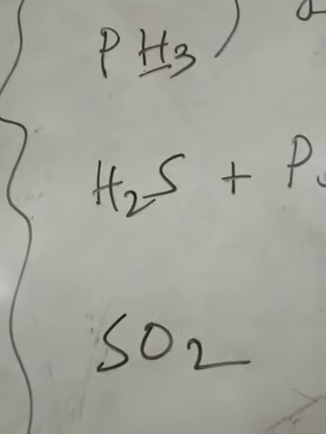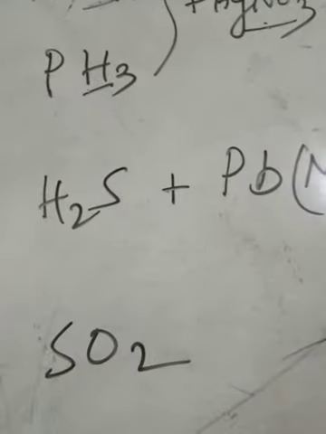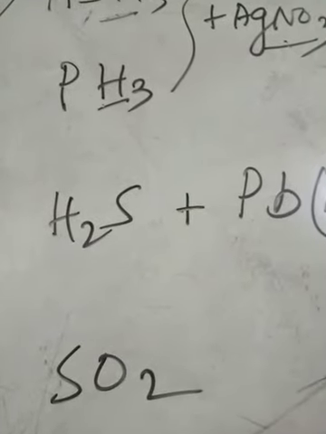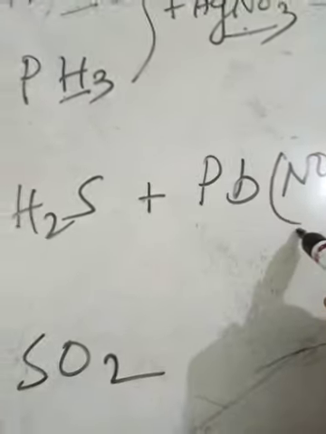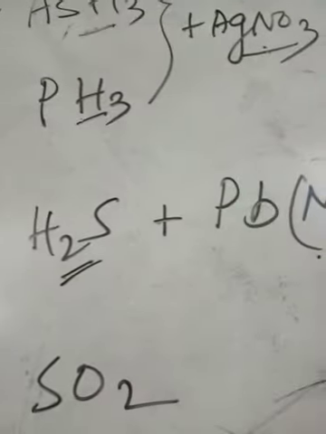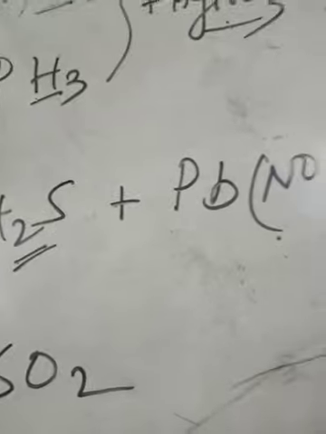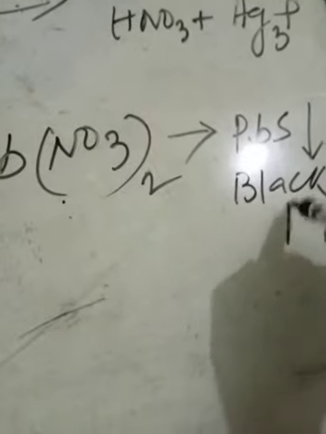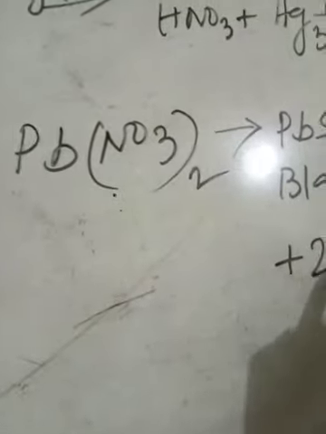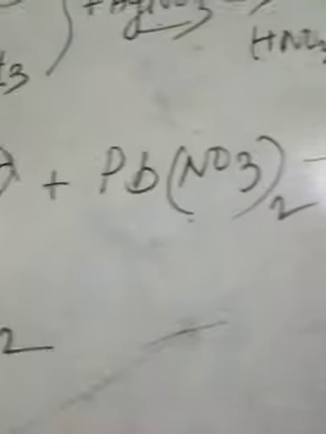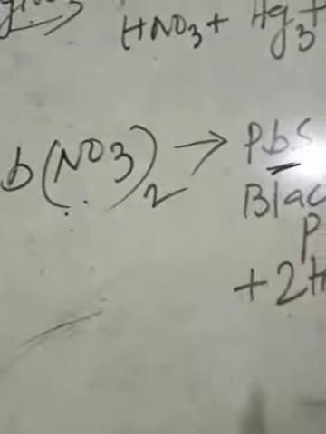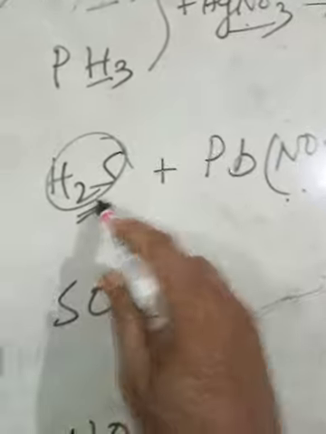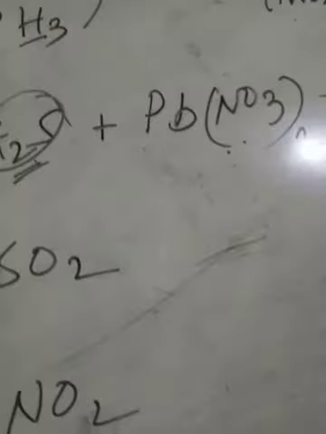If the hydrogen prepared from zinc and sulfuric acid is passed through lead nitrate solution, then any hydrogen sulfide present with hydrogen will form lead sulfide, a black precipitate, plus HNO3. So H2S gas will be absorbed by lead nitrate solution as lead sulfide, and removed from hydrogen.